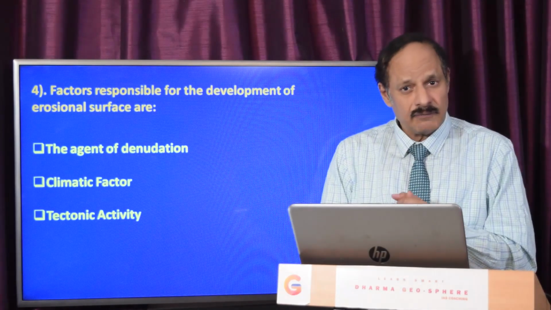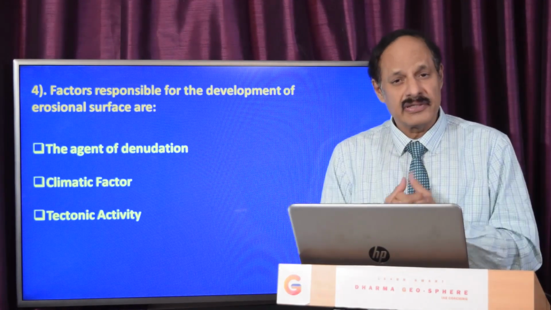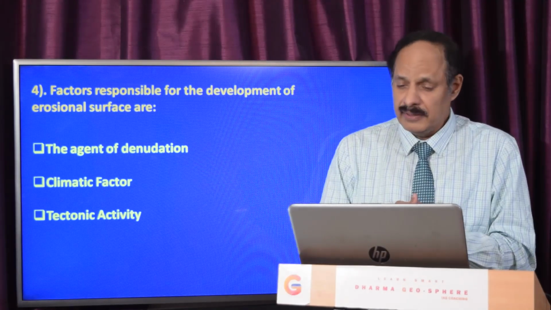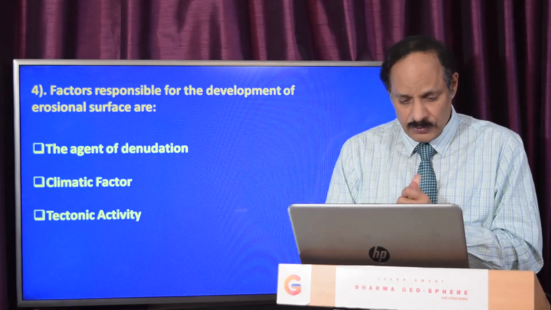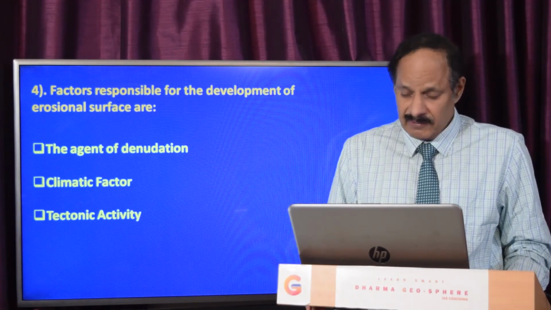Similarly, tectonic activity, where there is subsidence and uplift: wherever there is uplift, the erosion is much more. We can recall that the Davisian cycle of erosion says that whenever there is uplift, there is a thorough and very effective erosion.